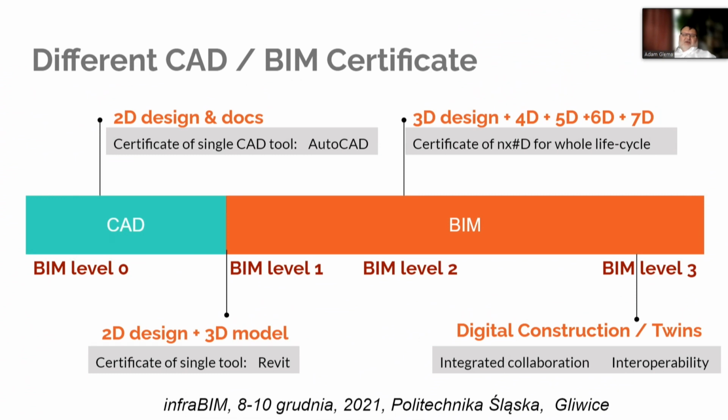In the majority of situations, we are still practically at level 0, so we have not gone outside 2D design and paper hard copy documentation. I think it is an achievement if somebody is at level 1, where they already have a 3D model prepared and they can boast about it, whereas documentation still remains in CAD form.